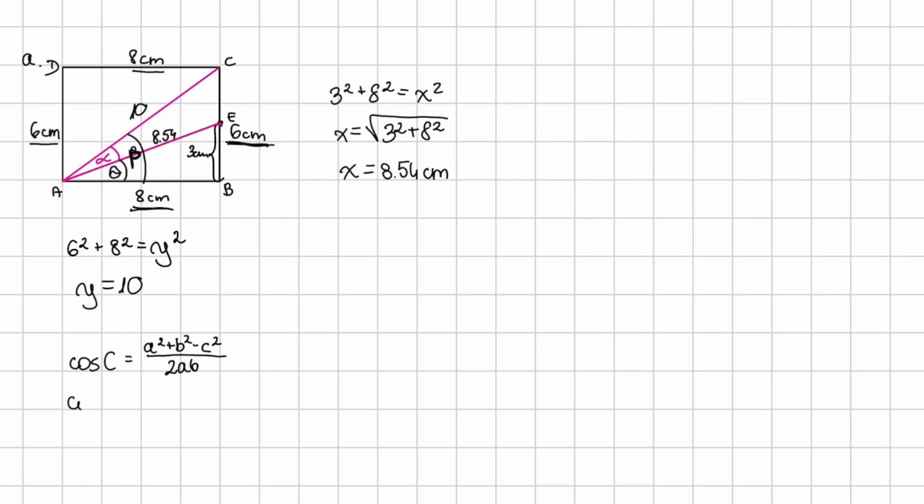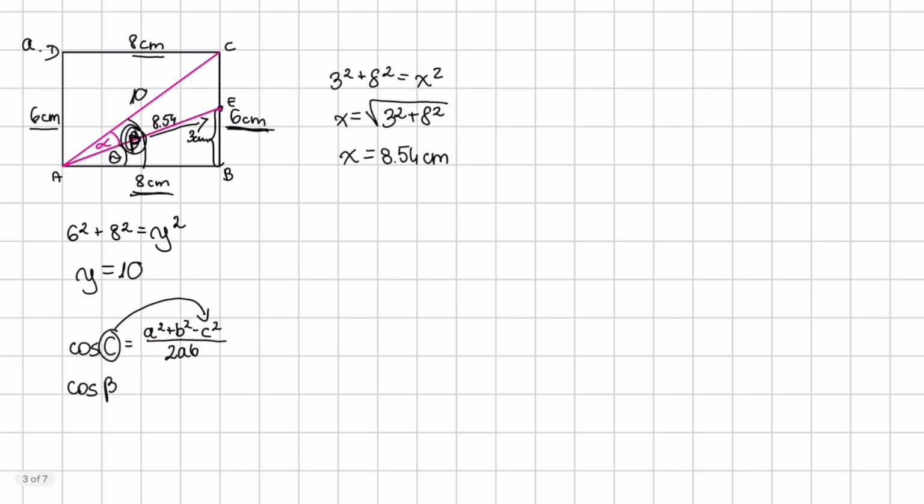So cosine of the angle C, so in our case we can substitute our angle, so beta, so this, and we have to remember that this angle corresponds to the side opposite. So in our case, the opposite side is 6, because we were considering this big triangle, so BC is our opposite side.